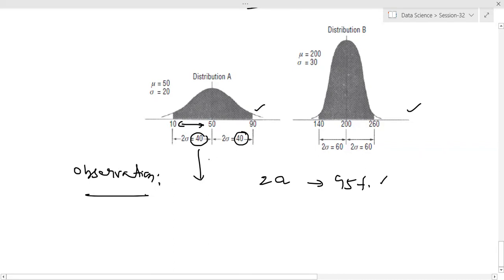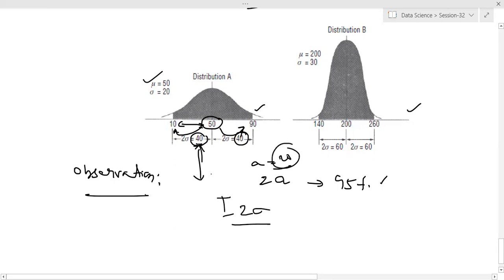From this 50, if you are seeing, left side I'm having and right side. Okay, you are right. Plus or minus 2 sigma. Because our mu is 50, and as he is saying 2 sigma as 40, definitely sigma should be 20. Yeah, sigma is 20 in both the cases.